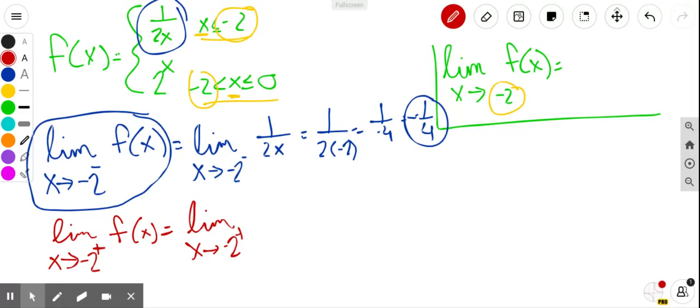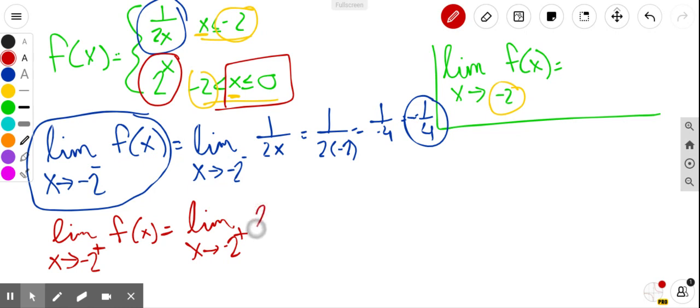And because we're coming in from the right, that means we're going to look at this other side, because if we look at this inequality, this part right there, negative 2 is going to be less than those numbers that we could use for x. So because negative 2 is less than those numbers, they are greater than the negative 2. So that's why I know that represents coming in from the right side.